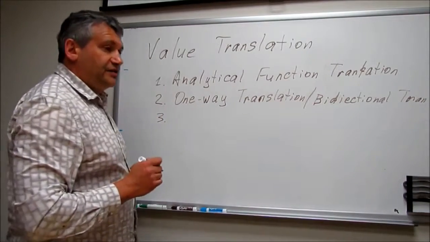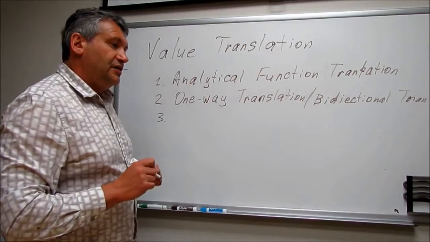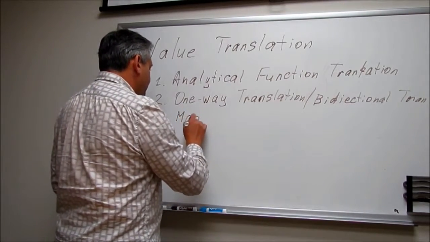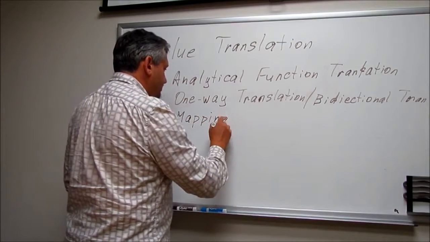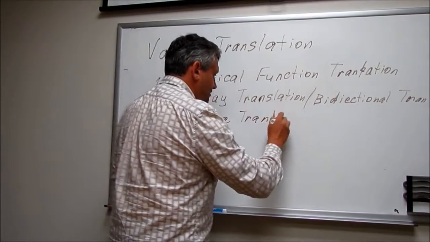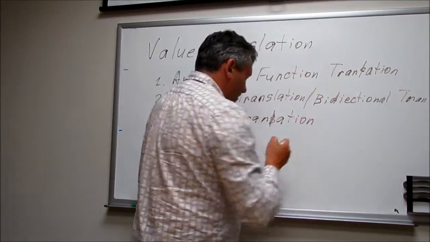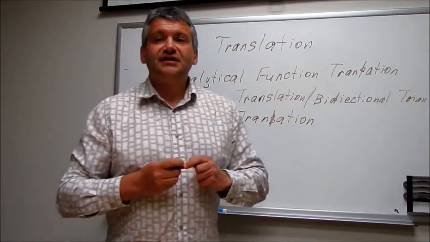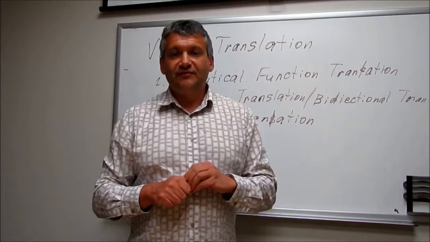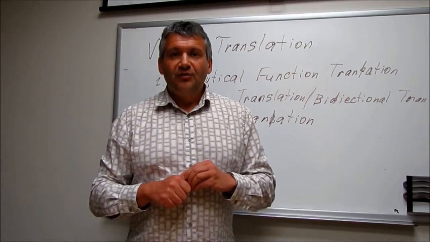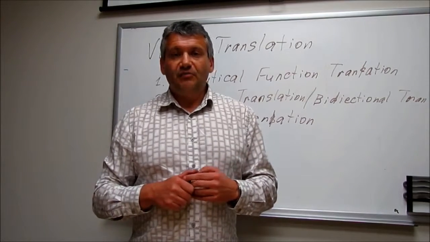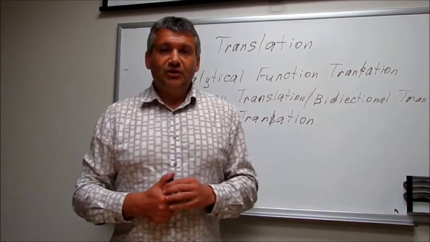And then we have another type of translation, mapping translation. Mapping translation is usually when we don't have an analytical function that translates one value into another value, but we just use correspondence of resultant numbers. And usually it's just a lookup table.